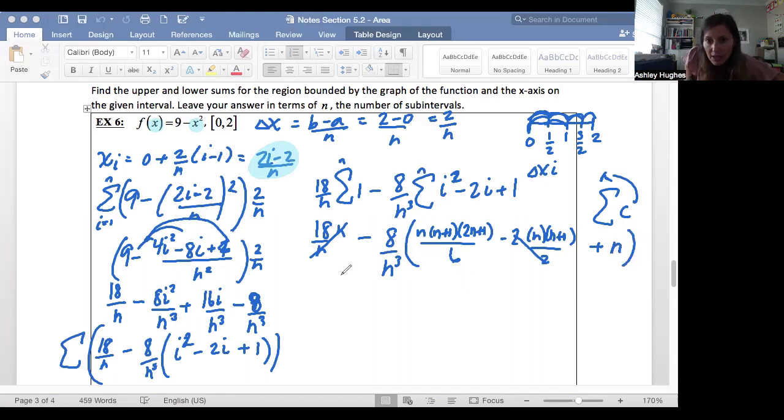Okay, so if I go ahead and try to clean this up, 18 minus 8 over 6 would give me 4 over 3. So 4 over 3 n cubed, or n squared. Could simplify that to be n squared because that would cancel with one of those. And then n plus 1 times 2n plus 1. And then I'm going to have a minus and a minus.